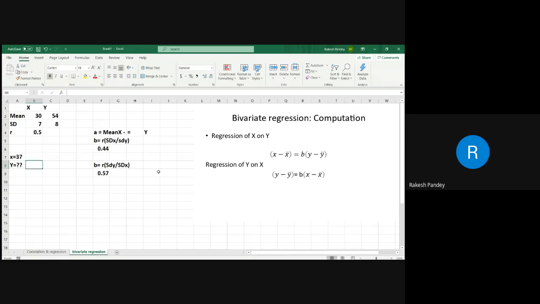So we will use this equation, regression of y on x. If x is equal to 37, we have to write this equation: y minus y bar. So we have to compute y, we don't know, minus y bar. Y bar is 54. Put it in bracket.